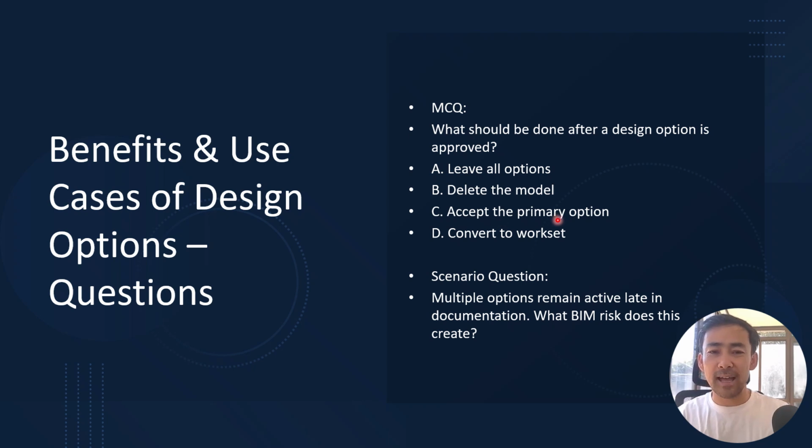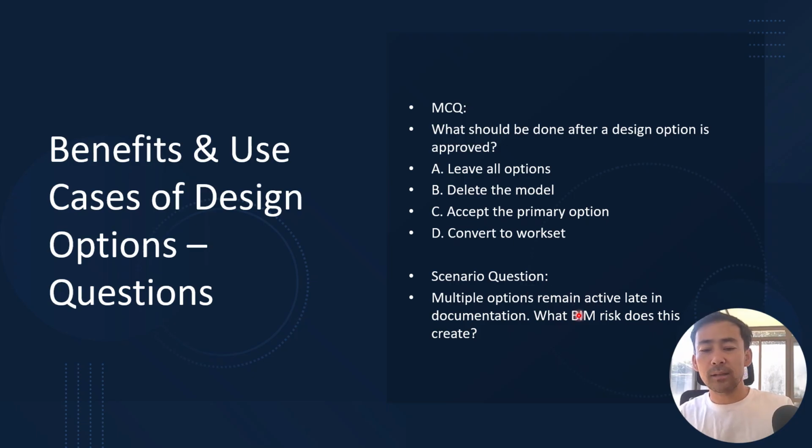Revit has the capability to select which option is the best option, the primary option, and then it asks if you want to delete the rest of the options. Always keep in mind you need to have a backup of the model before you make the primary option.